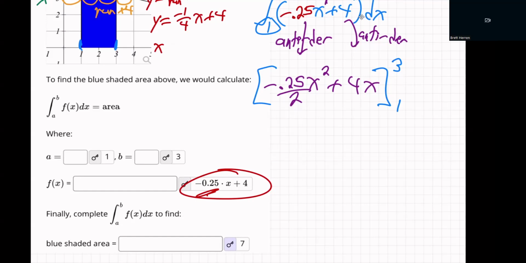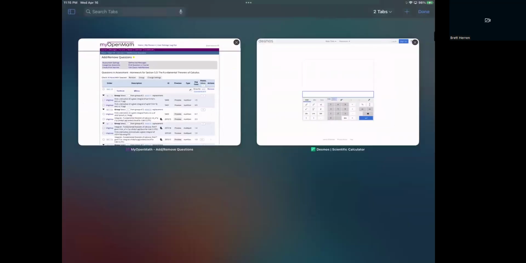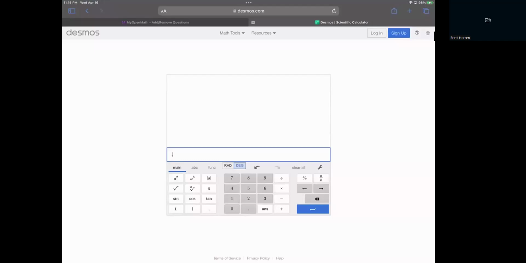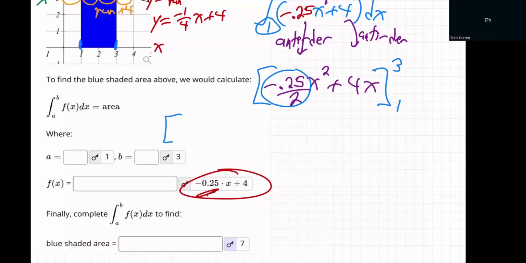So it's going to be half. If you go to Desmos, half of 0.25, I'll show you, it's 0.125. Let me just do it real quick. Desmos pops up for me. 0.25 divided by 2. So it's 0.125.